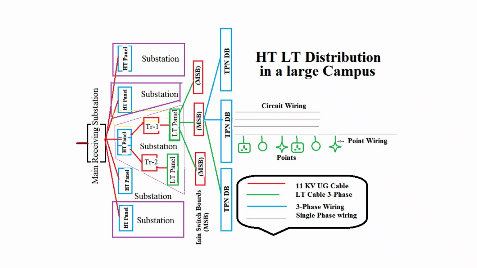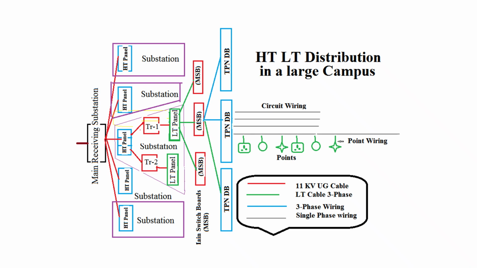The whole essence of the electrical wiring system starts from the main receiving station in big campuses where the load demand may be more than 10 MVA. So we have a main receiving station where we receive the electricity, and thereafter it is distributed in the campus through different substations.